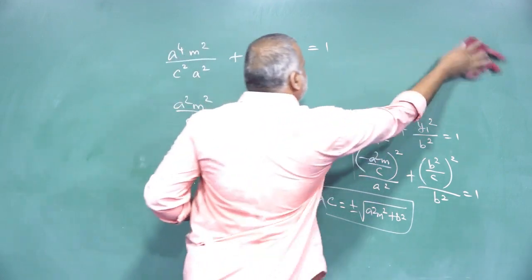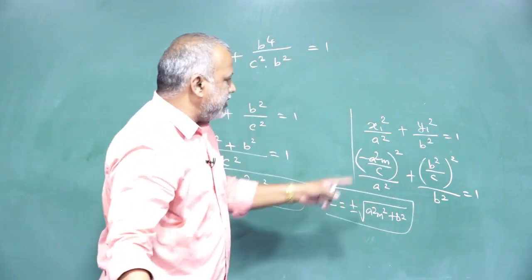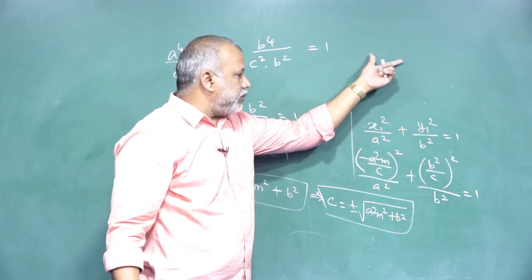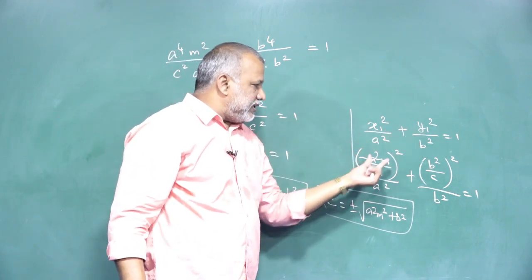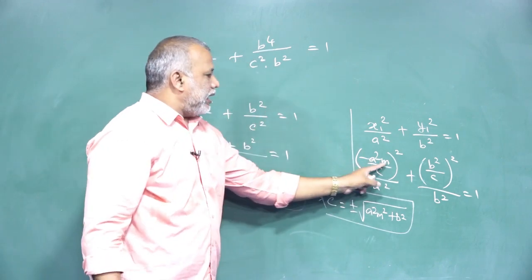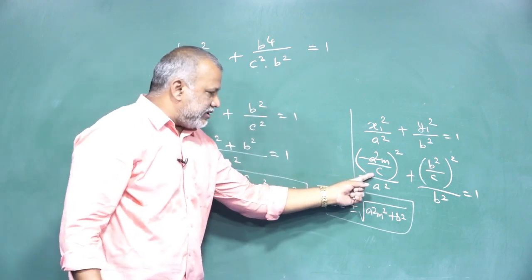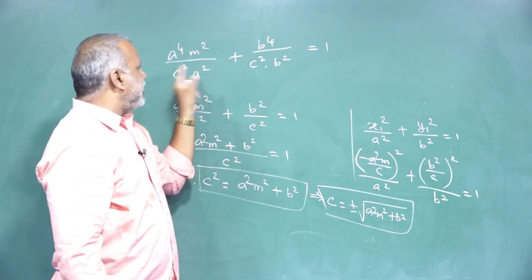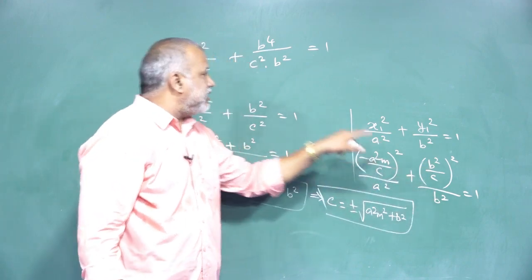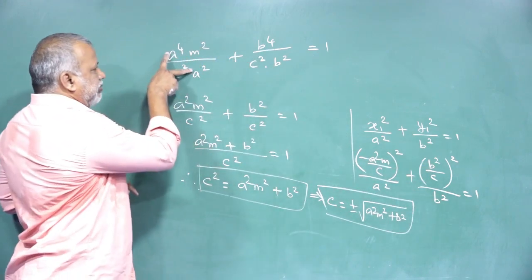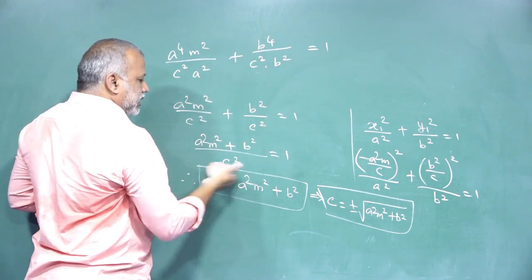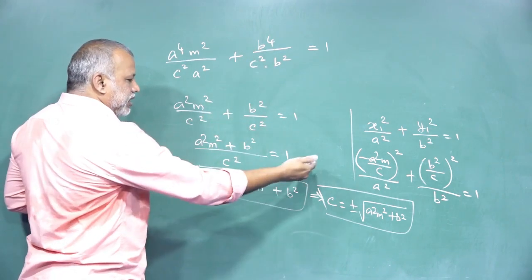Once again, listen. We can simplify this. X1 squared, y1 squared, you already found. Instead of this x1, y1, just substitute the value. This becomes a power 4, m power 2 divided by c squared, already having the denominator a squared. Here b power 4 divided by c squared, already having the denominator b squared. This must be simplified: a squared m squared by c squared, here b squared divided by c squared. Consider c squared as a common value, then cross multiply.